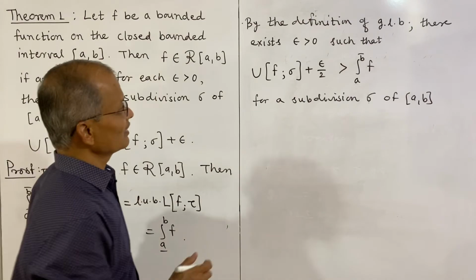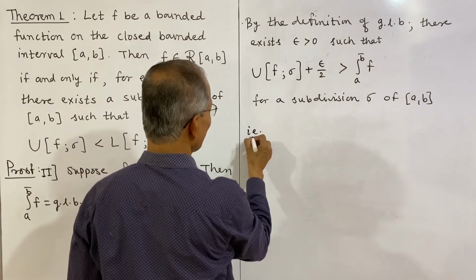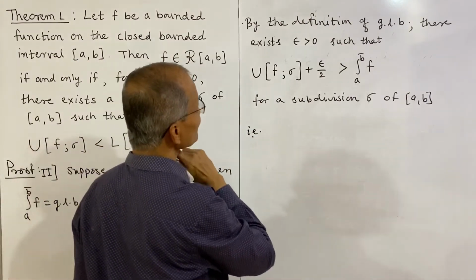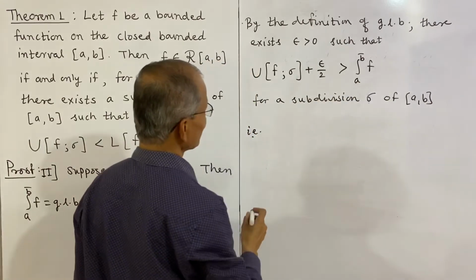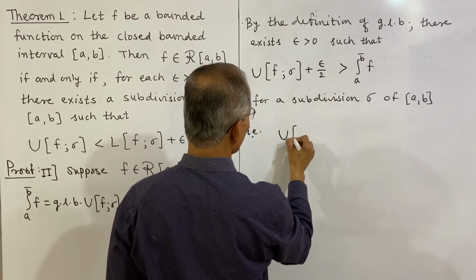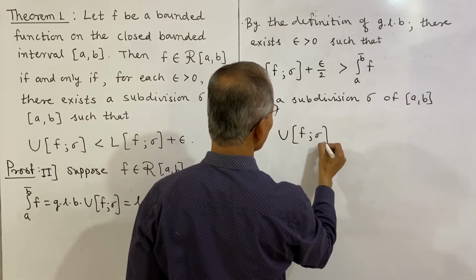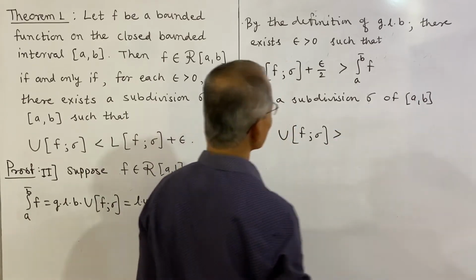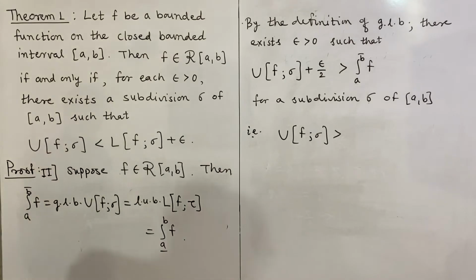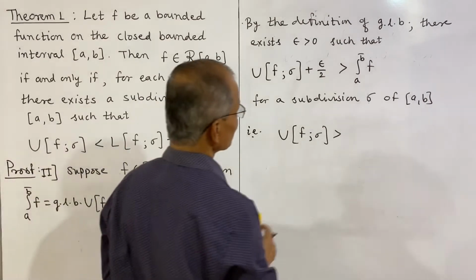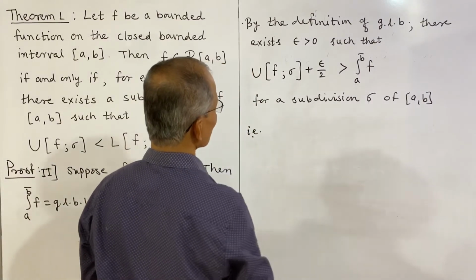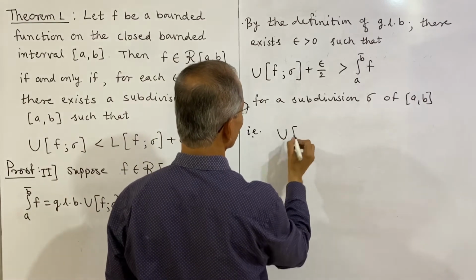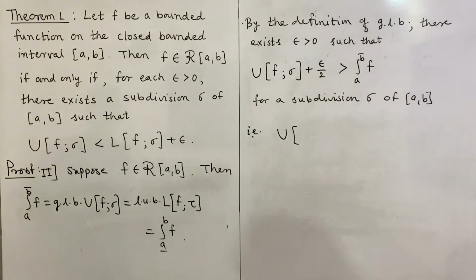This can be simplified, taking this term to the other side: the upper sum of f on sigma becomes greater than the upper integral. See, what we have to consider here is the smallest value.